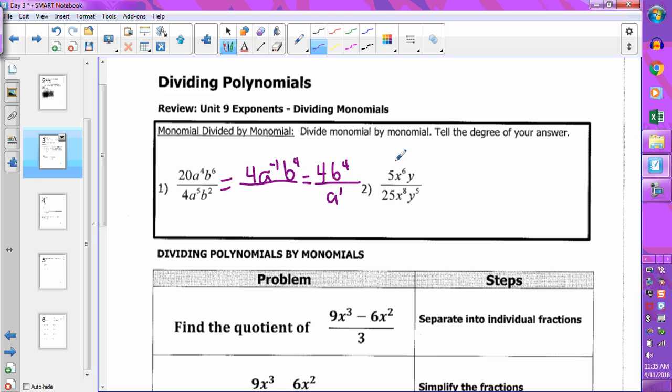You guys see how I did that? We had to take the negative and flip it and put it on the bottom. So your answer is going to be 4b to the 4th degree over a to the 1st degree. Oh, I'm sorry, that's not 4, that's 5. Let me change that.